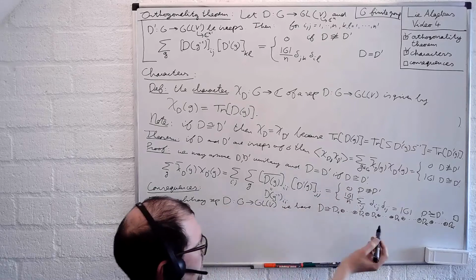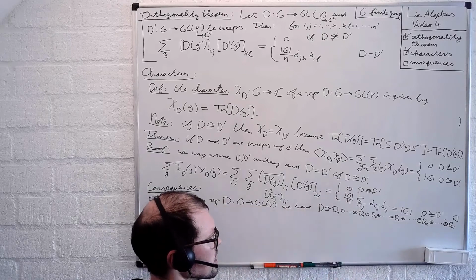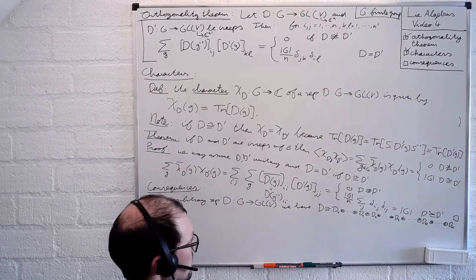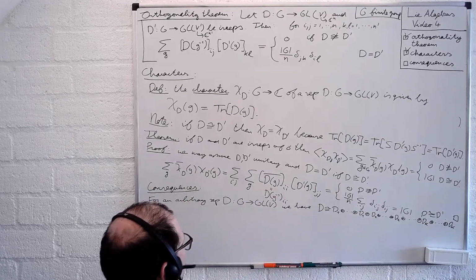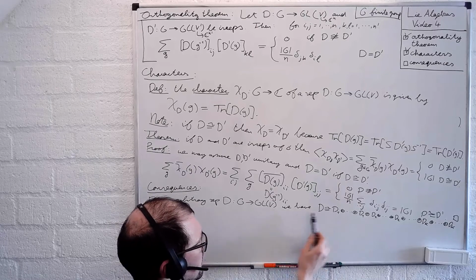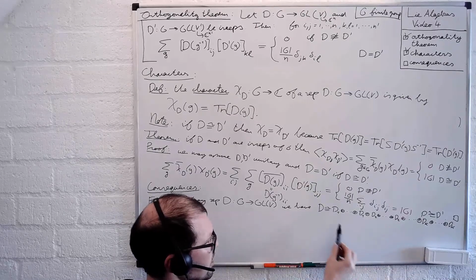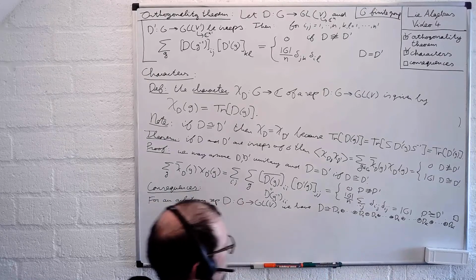So this is like the decomposition that we did explicitly in the last video for the quantum mechanical application. So we know that this is always the case, where D_1, 2 up to k are irreducible representations.